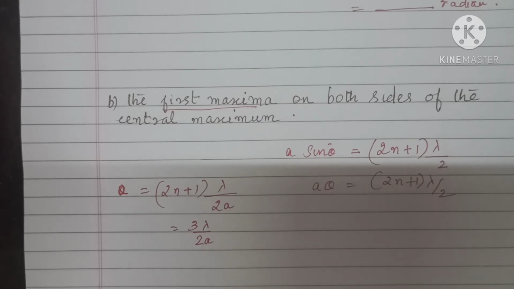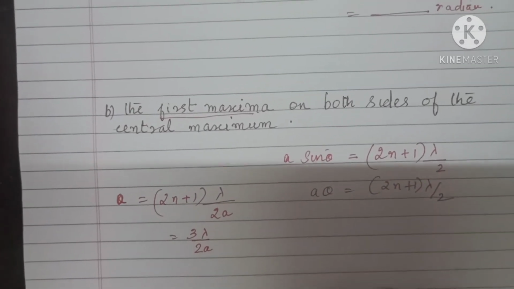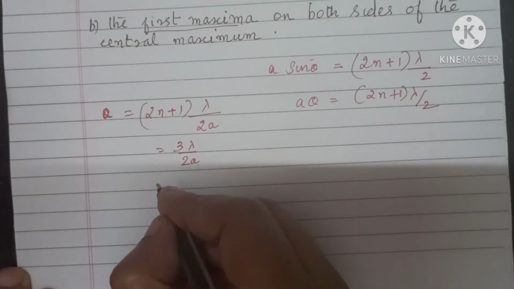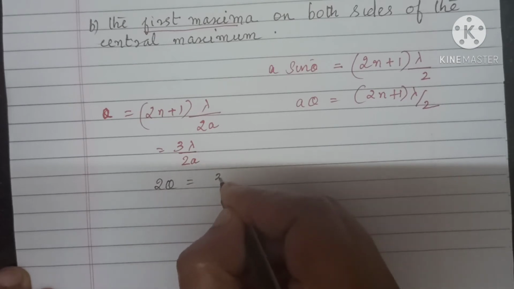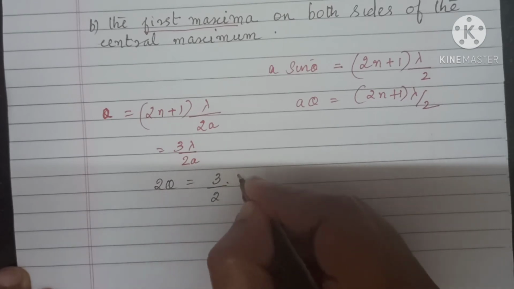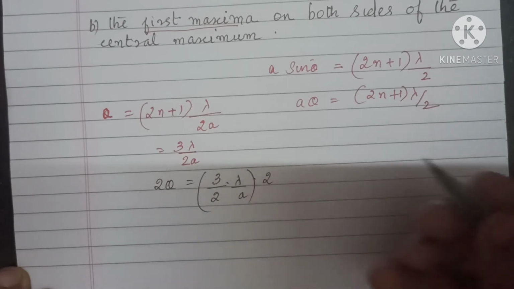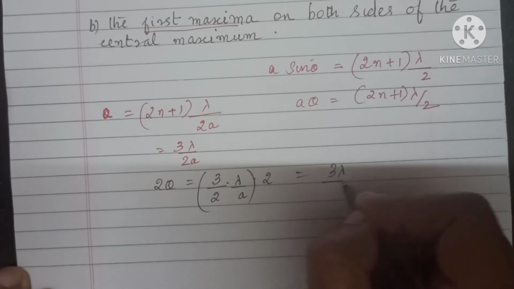If this is the upward one, the lower portion is also there. So you have to find 2 theta. Angular separation can be calculated by using the expression 2 theta. That is 2 theta will become 3 by 2 lambda by a into 2. Clear?